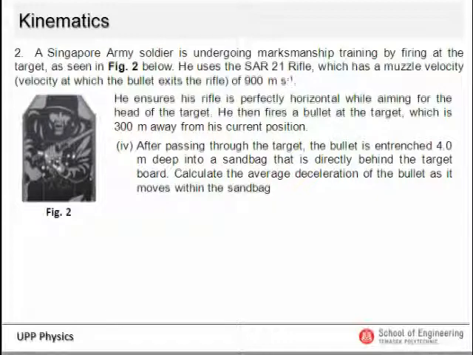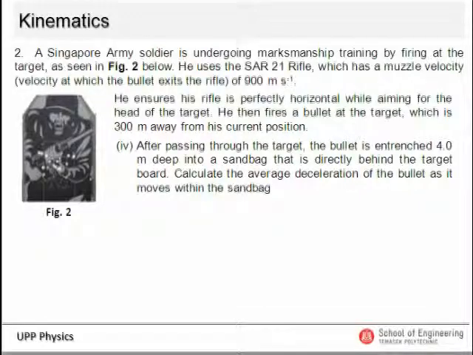First of all, after the bullet has hit the target board, we assume the bullet still has a speed of 900 meters per second horizontally. So this is the first assumption we make. There's no slowing down of the bullet after passing through the target board. The deceleration only occurs when the bullet is in the sandbag.